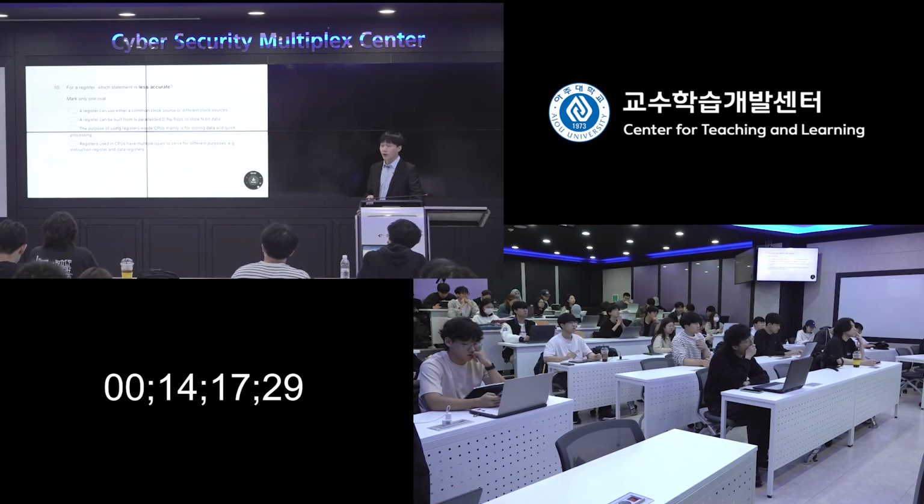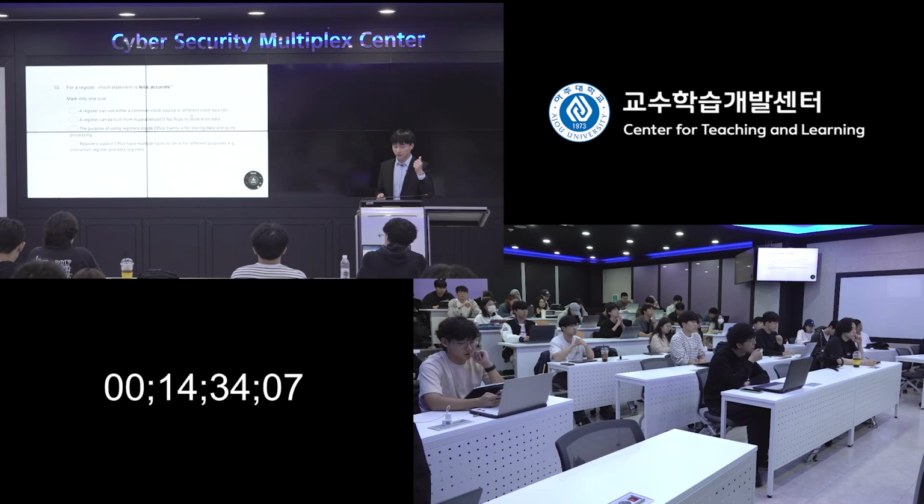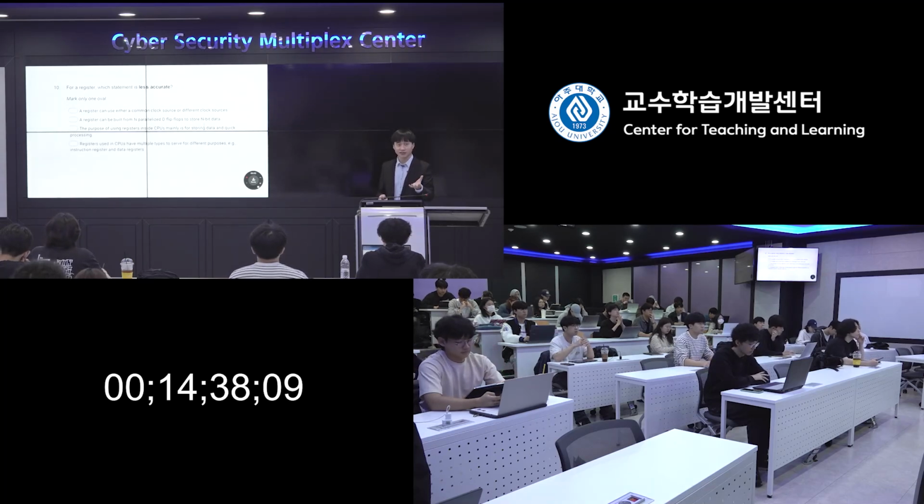So if you check one by one, the first one is less accurate, because when we learn the register, inside of a register it has multiple D flip-flops. Then they need to share one clock source, right? If they don't have one clock source, then the output will be asynchronous.